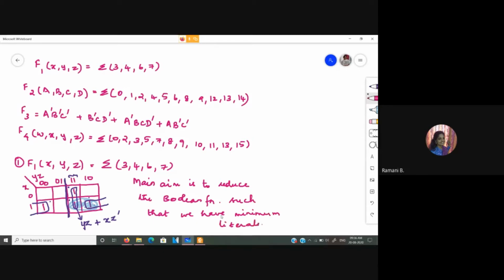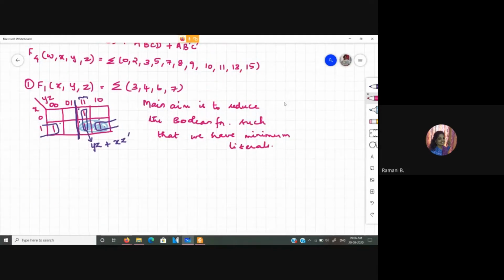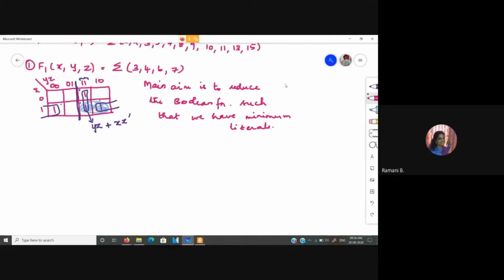That is our main aim. And with respect to K-map, our aim is also to cover all the ones in the map.